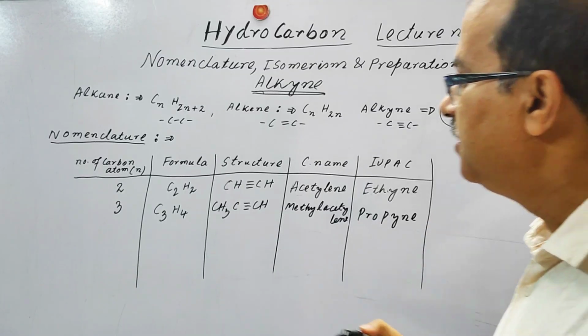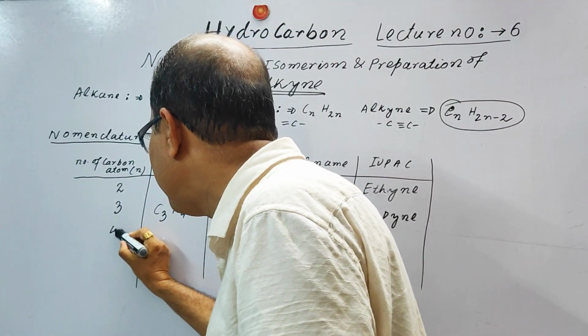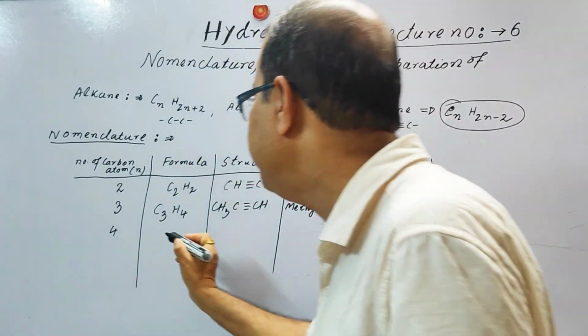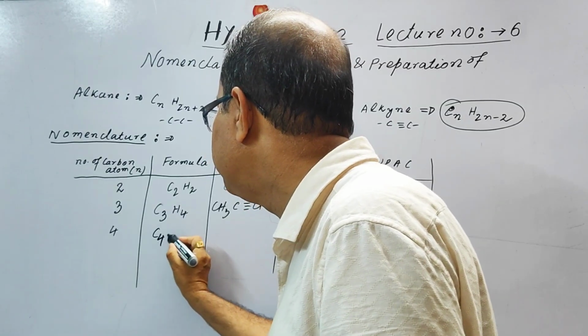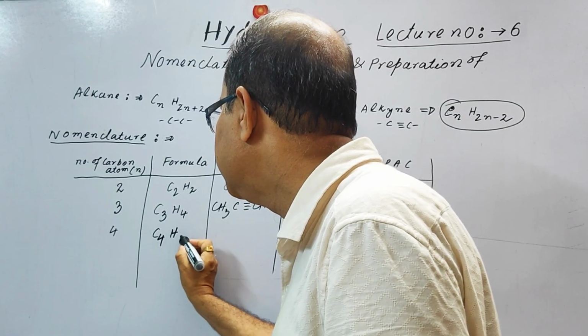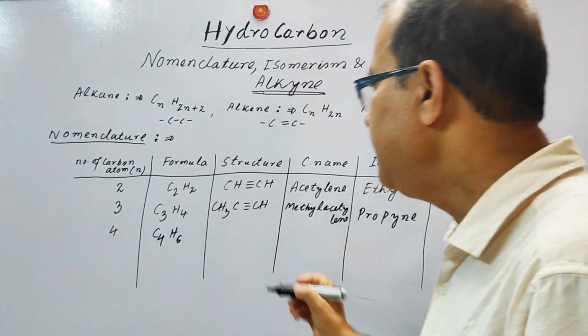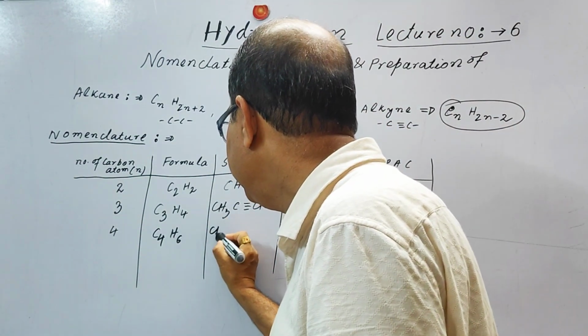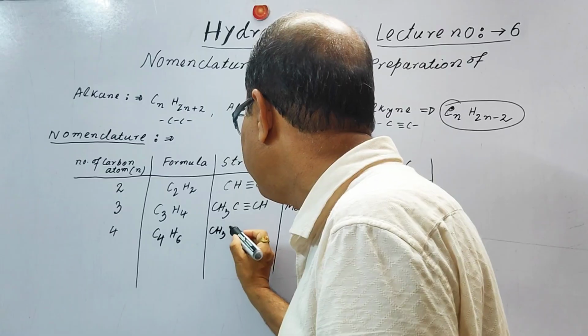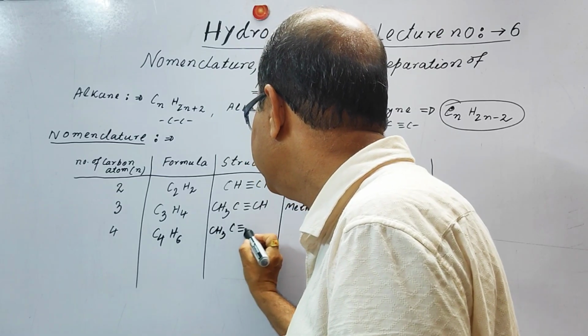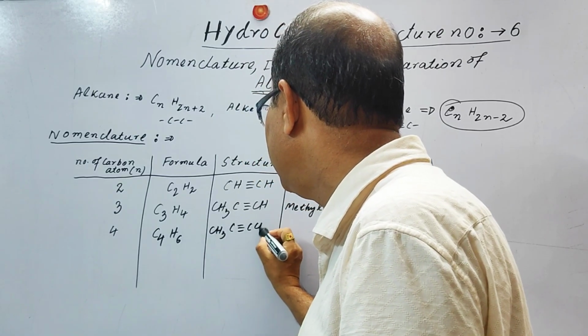Okay, so when there are 4 carbon atoms, at that time its formula will be C4H6. And you will find that in this compound there are two possible structures, not only one.